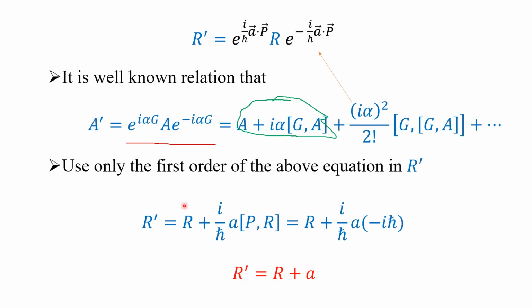Instead of A, we are replacing R; instead of alpha, we are using the small parameter A, and the generating function is P over h cross. Since h cross is a constant, we take it out. So this will become i over h cross, and instead of alpha we take A, and commutation of P with R.